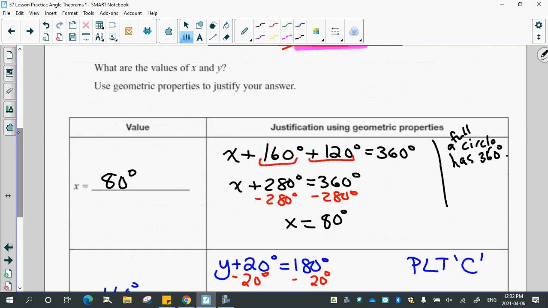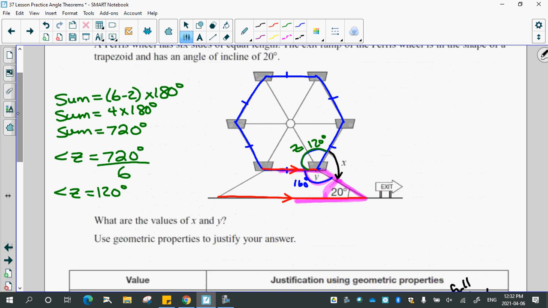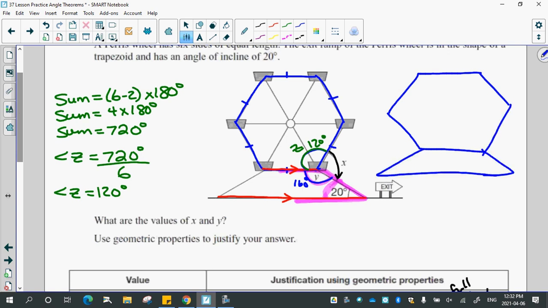If I was really stuck on this one, I might have just redrawn the outside of the shape and looked at it like this instead of with all the stuff inside, and that might have helped me. Then show where X was and where Y was.